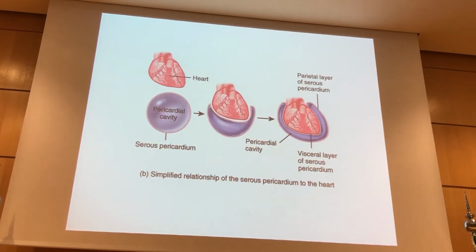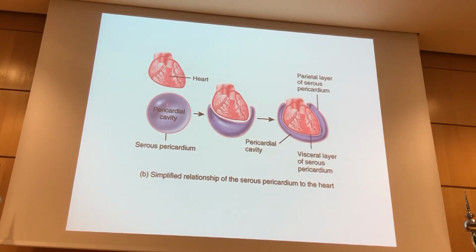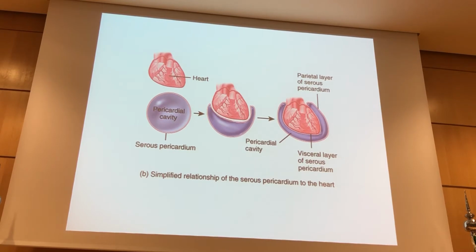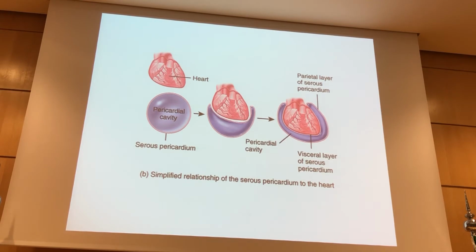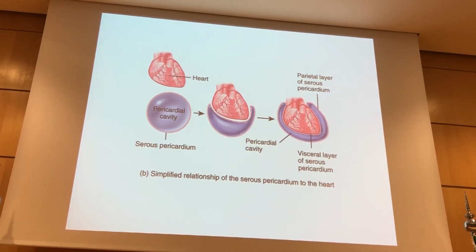The same concept, when the heart descends into the pericardial cavity during embryonic life, it will not rupture the pericardial cavity, but then there will be this layer that surrounds the heart, which is going to become the visceral pericardium, and it is continuous with an outer layer, which is the parietal pericardium, and the space between, we call the pericardial cavity.